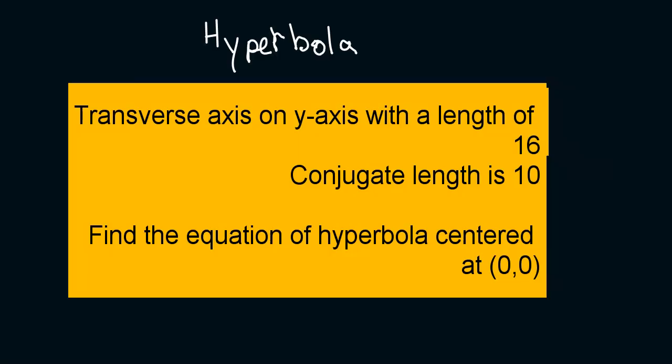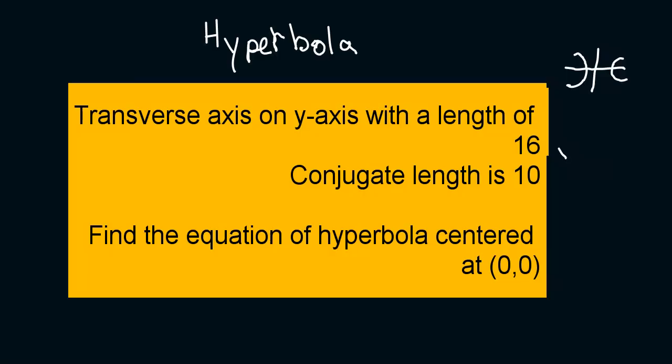All right, so let's find the equation of a hyperbola with the transverse axis on the y with a length of 16. The conjugate length is 10, and it starts at 0, 0. If the transverse axis is on the y-axis, it means it's going to open like this, right?